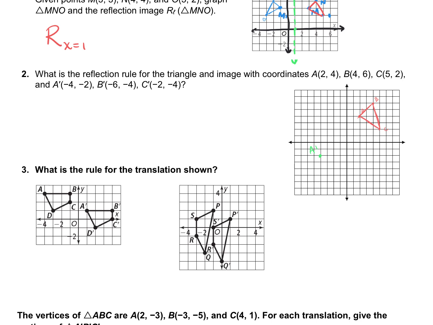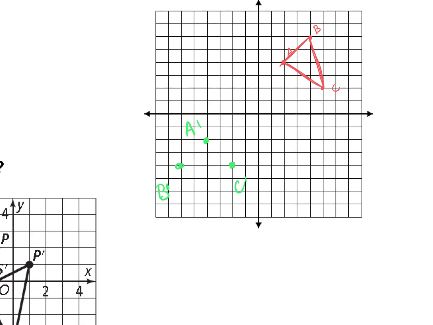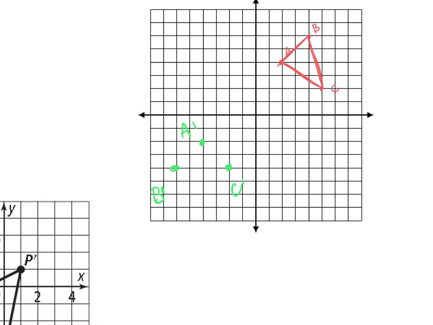So go to the left 6, down 4. And C prime is negative 2, negative 4. All right, let me zoom in. That green is kind of hard to see. There we go. We'll darken these up a little bit. We'll draw in our triangle.